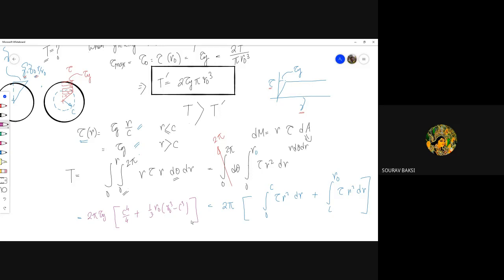Yes, sir. I think something is missing. No, no. So that would be c cube by 4. It's going to be c cube by 4, right? Okay. Yes, sir.